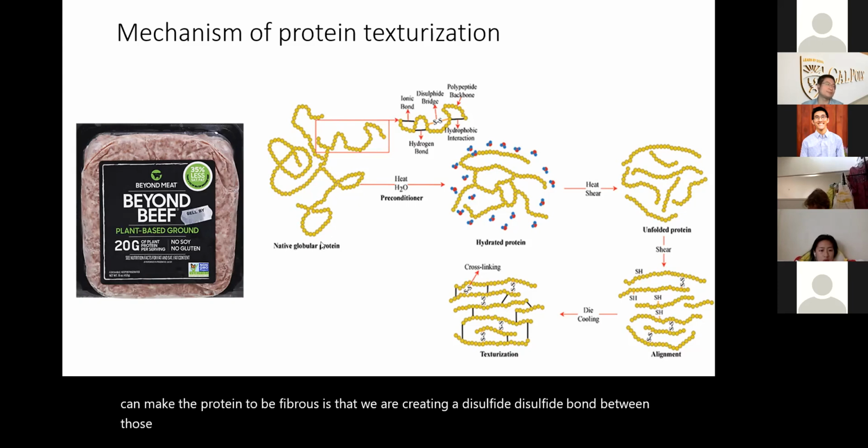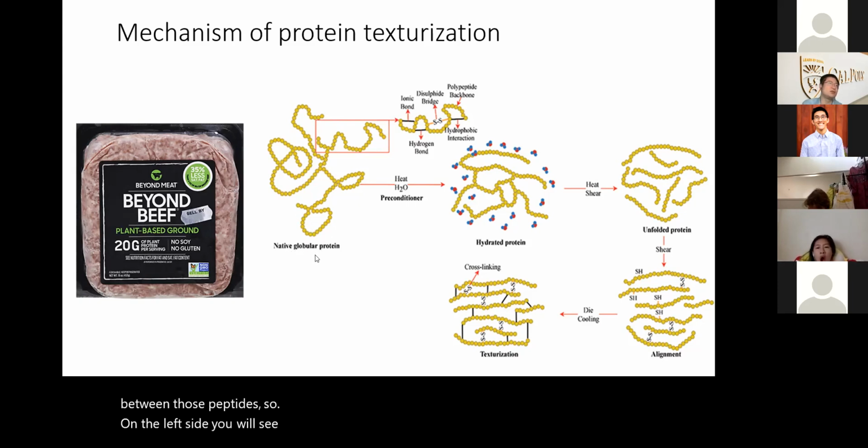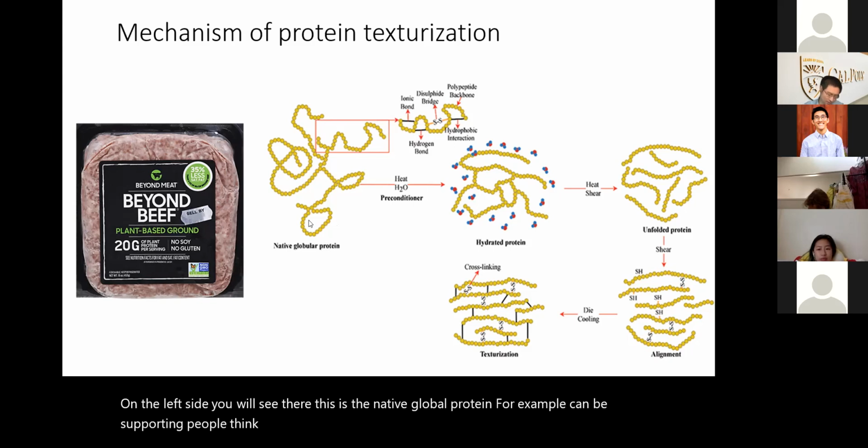Okay, so on the left side, you will see the native globular protein. For example, it can be soy protein, pea protein, chickpea protein. A lot of plant proteins, especially storage proteins in seeds, are globular in terms of their morphology.